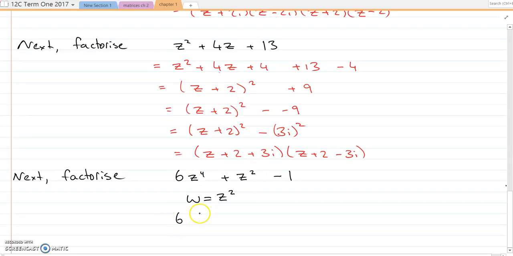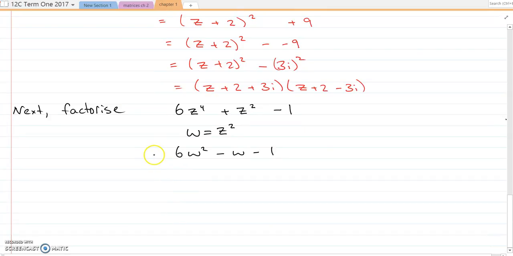Since they're both even powers, this is the same as factorizing this, okay? So now we're going to get two brackets, 6w, it's probably going to be 3w and 2w. It's probably going to be 1 and 1 here to get this minus 1. We just have to figure out one of them should be a minus and one of them should be a plus.